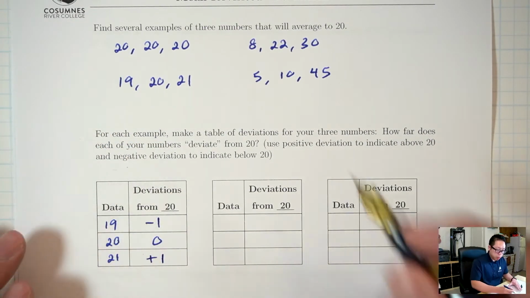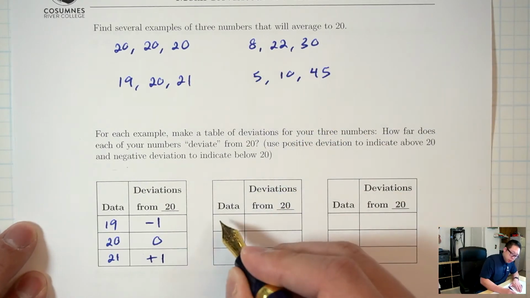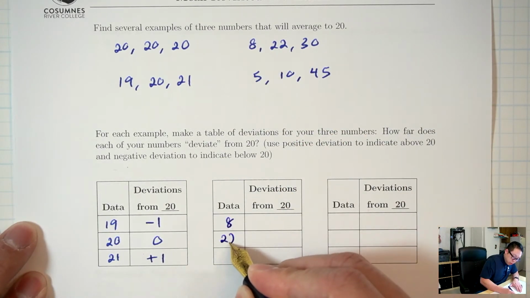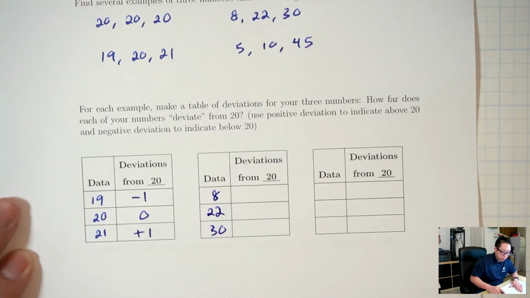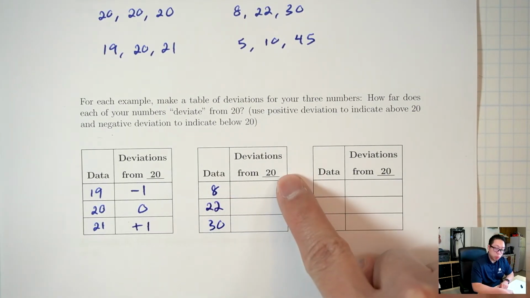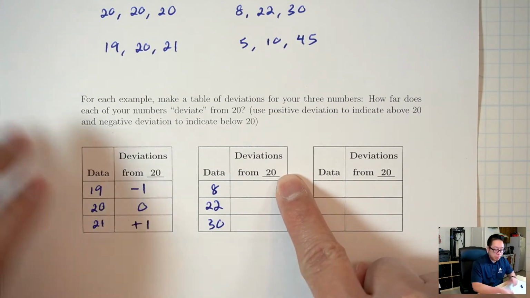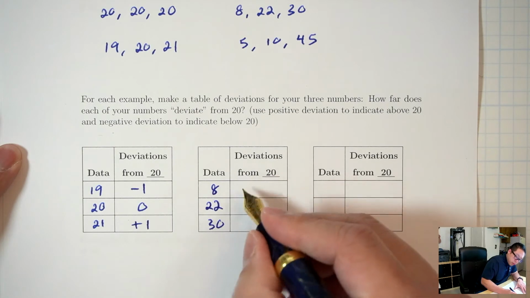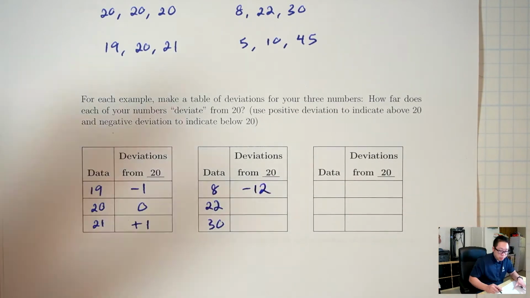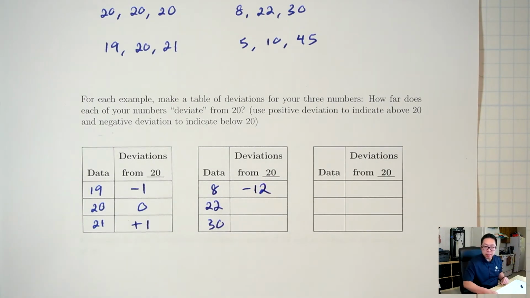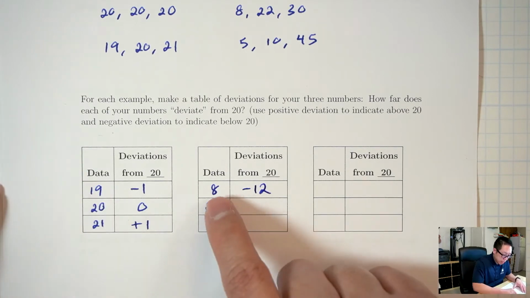Okay, so that's for 19, 20, 21. So let's do the same thing for 8, 22, and 30. Okay, how far away is 8 from 20? It's 12 below. So this would be -12. If you can't tell by just staring at it, you can always just do 8 minus 20.